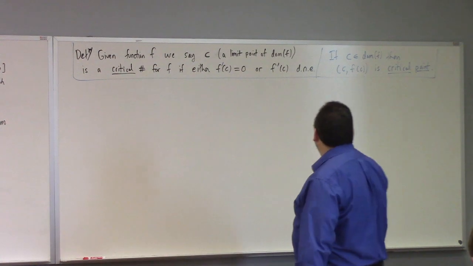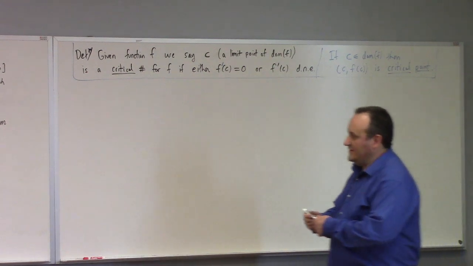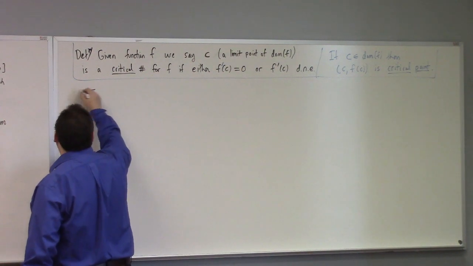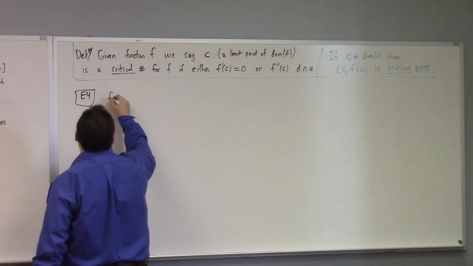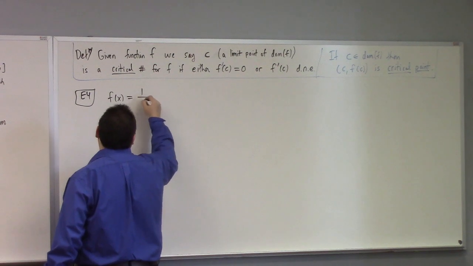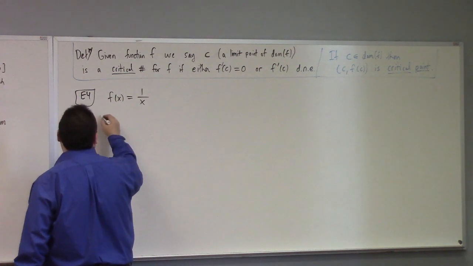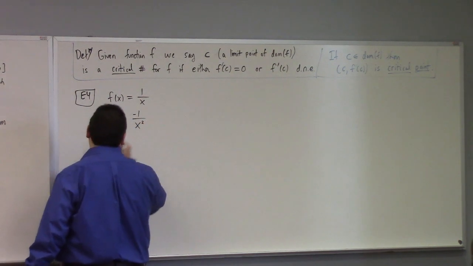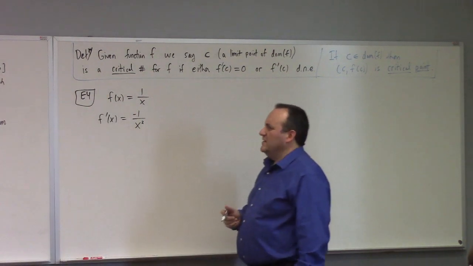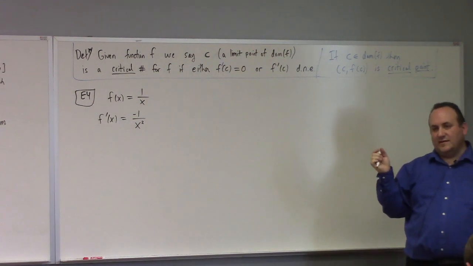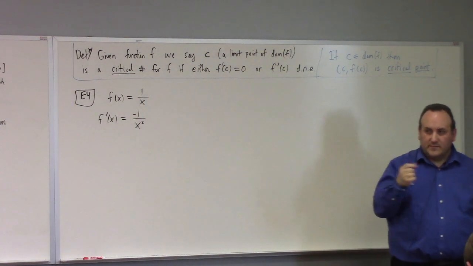Oh well. So let's look at an example. Example 4. f of x equals 1 over x. So we've got f prime of x is equal to minus 1 over x squared, right? Do you guys remember what I meant by limit point? Limit point just means that the domain is defined near the point.